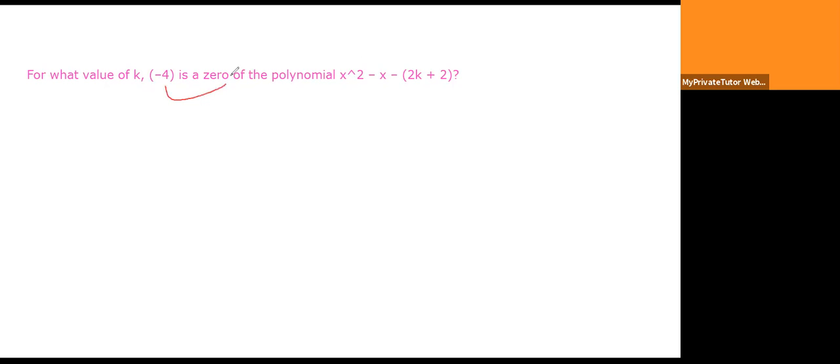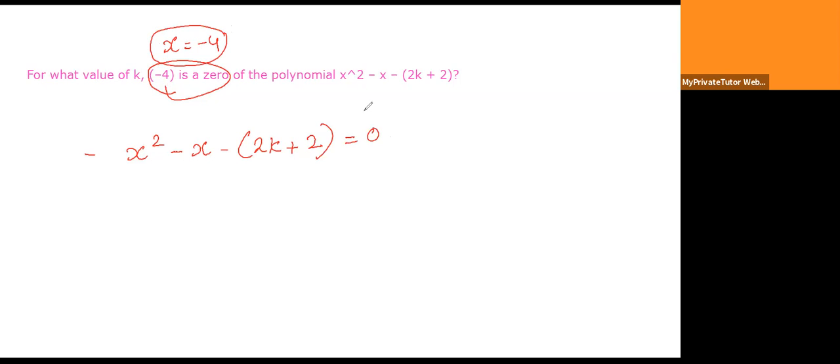The polynomial given is x square minus 2k plus 2. They have given minus 4 as a 0, which means if you substitute x equals minus 4, we are going to get 0. So please equate this to 0 and find the value of k.